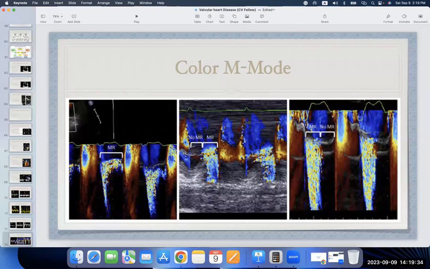So at the beginning there will be malcoaptation of the leaflets and tethering. But once some of this blood comes out of the ventricle, it becomes smaller and the leaflets start to coapt. So you will see that the regurgitation stops at the end of systole. There will be no MR in late systole.